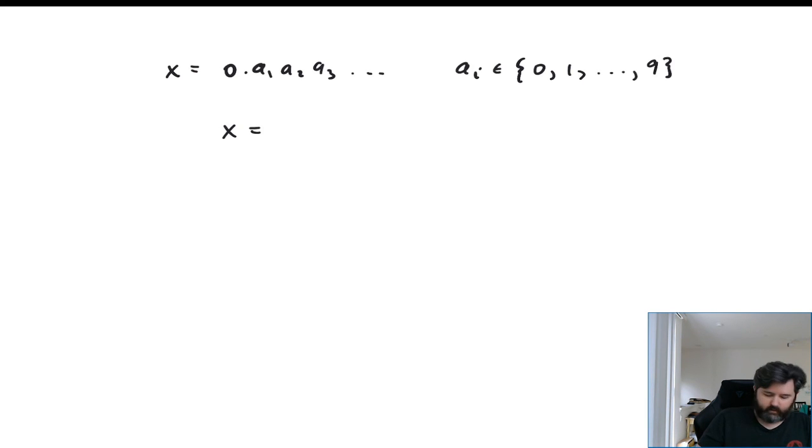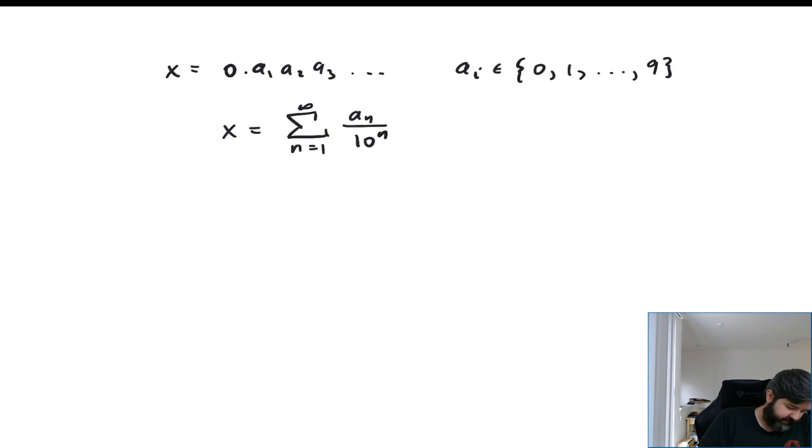So x is a geometric sum that starts at 1, goes to infinity, and it looks like an over 10 to the n. That's what it means, right? Because the 10th place is that digit over 10. The 100th place is that digit over 100, right?